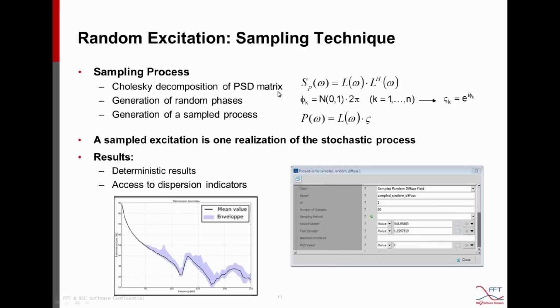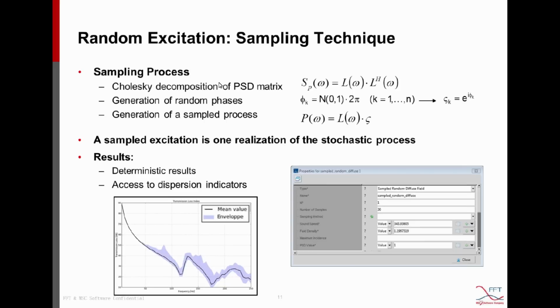The steps in the sampling process are to first decompose the matrix into products of two triangular matrices, and then we take one of them and multiply it by a certain number of random phases. This certain number is actually the number of realizations, or in other words, the number of deterministic loads that we created.